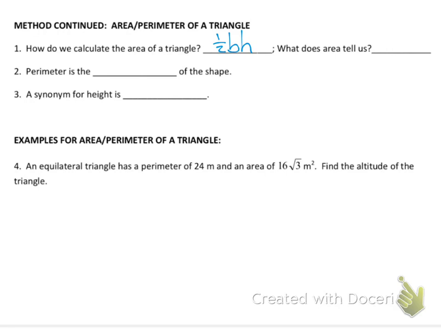Perimeter is the what of the shape? Outside. How about this? Make it a little bit more exact for any object instead of just the outside. Because if I have a triangle, there's a lot of outside stuff. If you think about it, here's a triangle. This is inside, right?